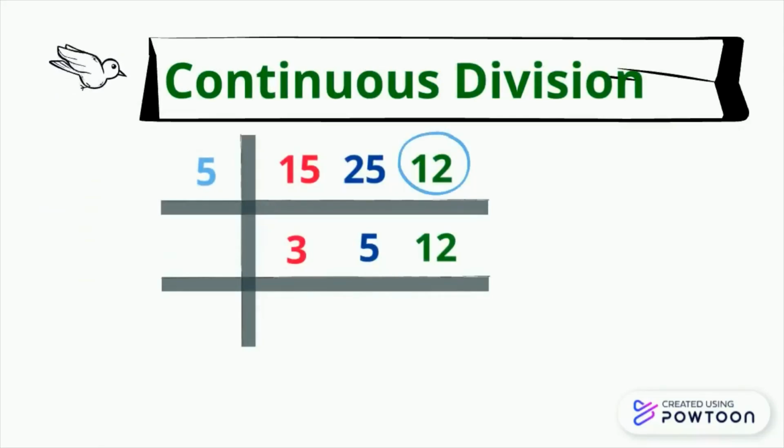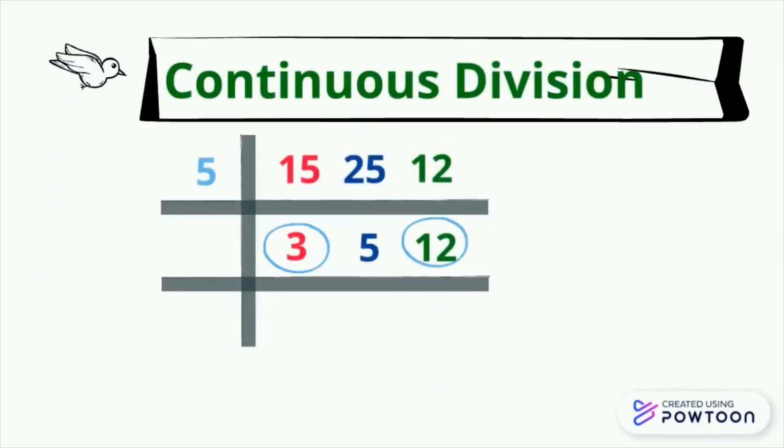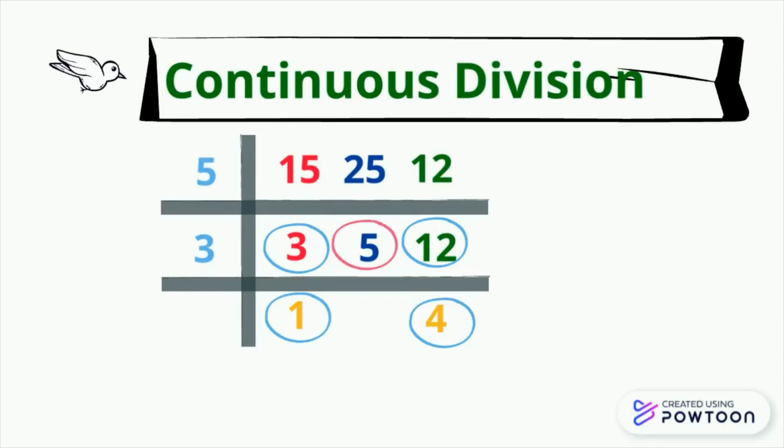Then, let us check the second level with numbers 3, 5, and 12. 3 and 12 can be divided by 3. The results are 1 and 4, respectively. As 5 is not divisible by 3, then you just copy 5.